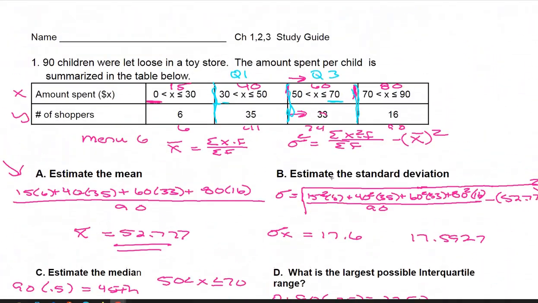All right, so now keep in mind, in this table I gave you, the data has been grouped and there are no gaps. If there is a situation where there are gaps in it, then there are some things you've got to do a little differently.